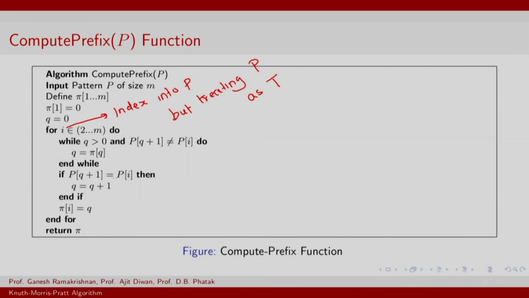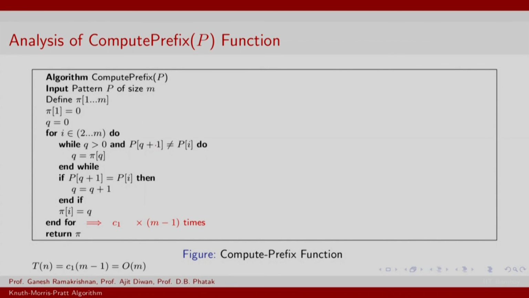Once P[q+1] equals P[i], once you have actually exited this, then q is set to q plus 1, which means you are looking for the next lookup, and pi[i] is set to q, the length of the longest prefix of P which is a proper suffix of P_i, happens to be P_q.